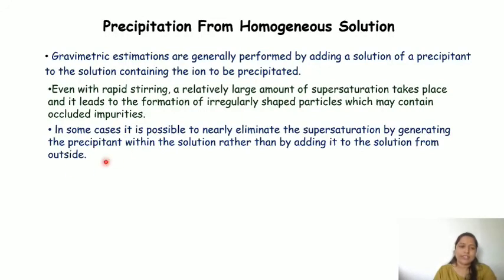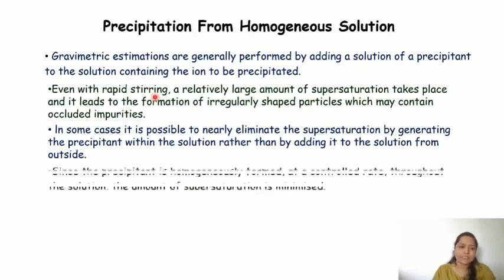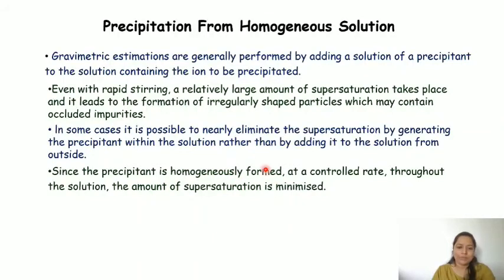Here in some cases the precipitant, that is the precipitating agent, is generated within the solution. It is not added from outside, to minimize processes like co-precipitation. Since the precipitant is homogeneously formed at a controlled rate throughout the solution, the amount of supersaturation is minimized.